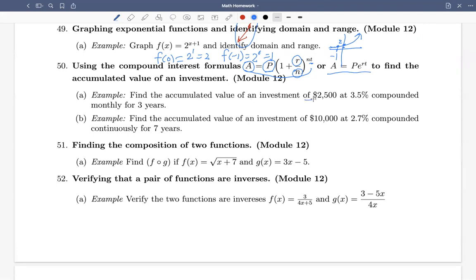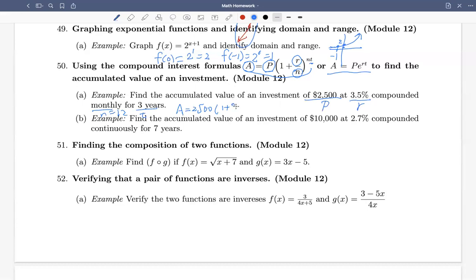All right, let's see example 1. The investment is 2,500, that's our P, with 3.5%, that's our annual interest rate. Compounded monthly, that means N equals 12. For 3 years, that means T equals 3. So we want to find A. So the amount of money in the account equals 2,500 times 1 plus the interest rate 3.5%.